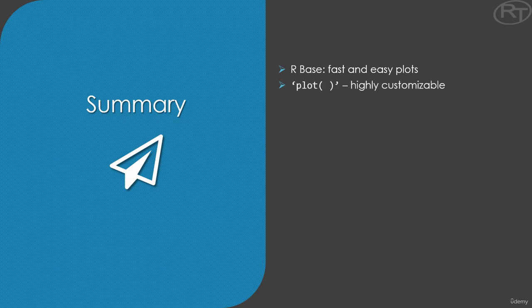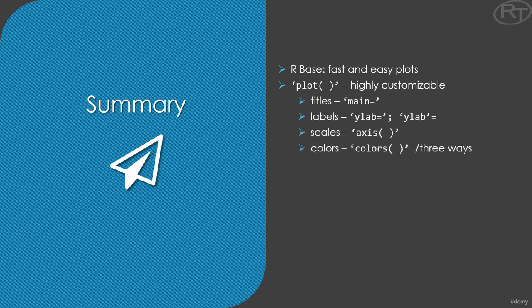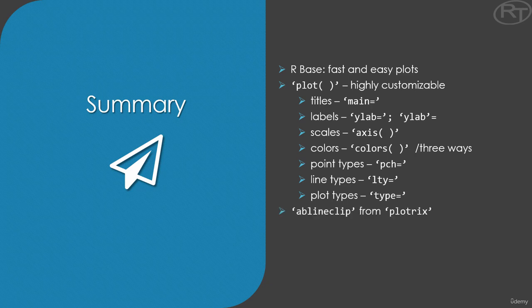We were mainly using the plot function, which allows you to customize it quite a lot. We worked with titles, labels, scales, colors, point types, line types, and I even showed you the various types of the plot function. We were using an airplane clip of Plotrix, and I showed you how to change the par settings for a whole R session.